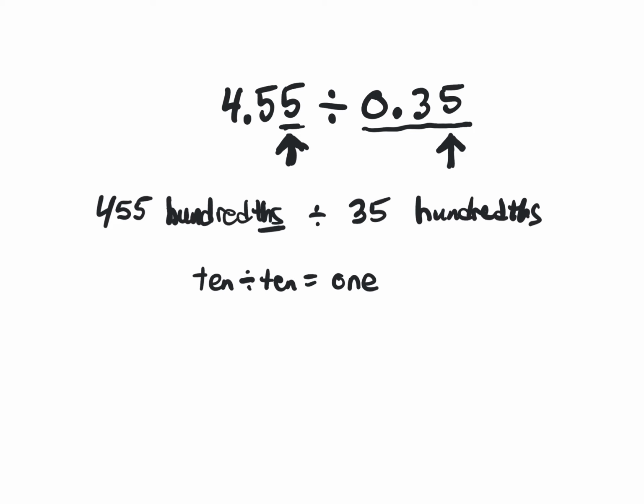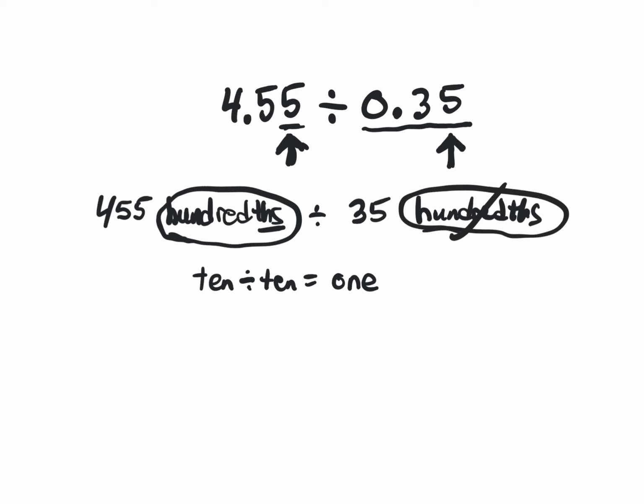And then we learned that we could cancel out those zeros. So the same thing's happening here. Because this is hundredths and because this is hundredths, we can cancel them out and just deal with 455 divided by 35.